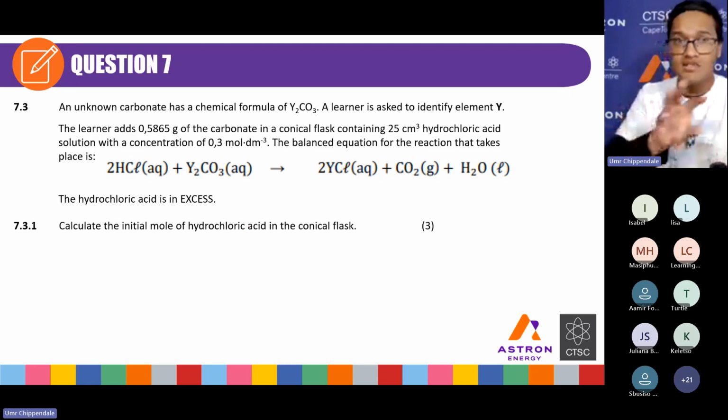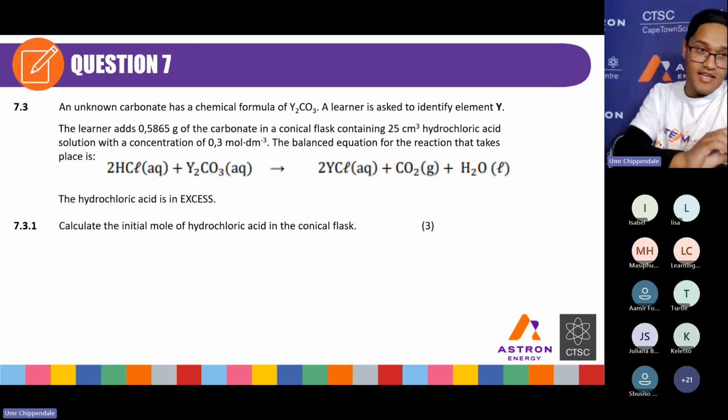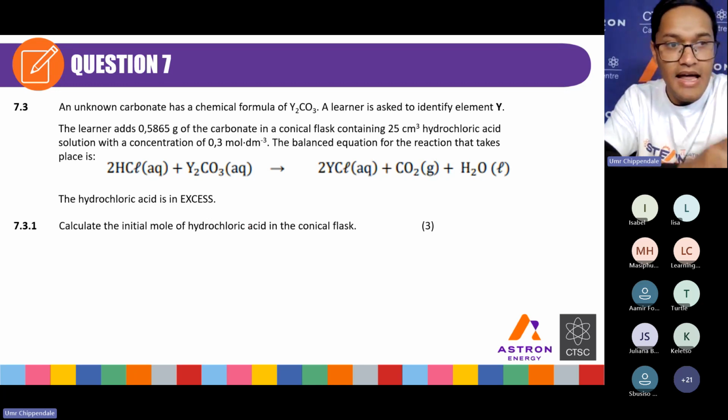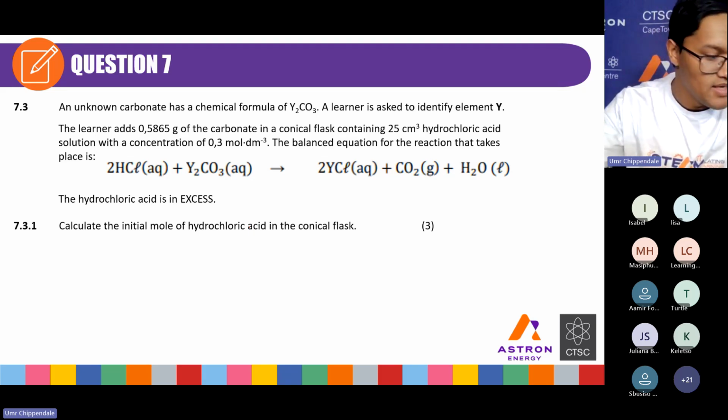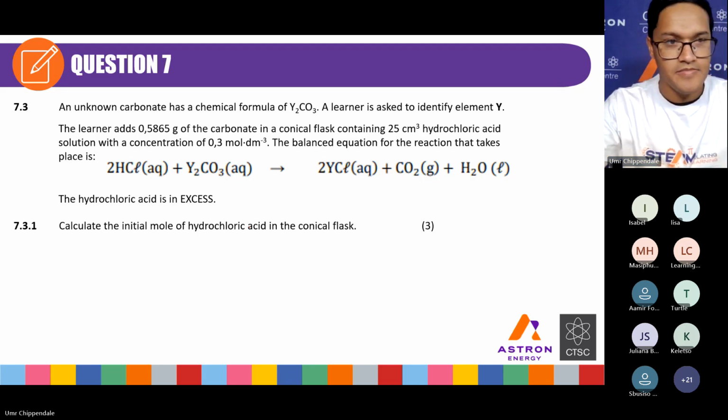So your limiting reagent is very important. Anyway, 7.3.1: calculate the initial mole of hydrochloric acid in the conical flask, worth 3 marks.